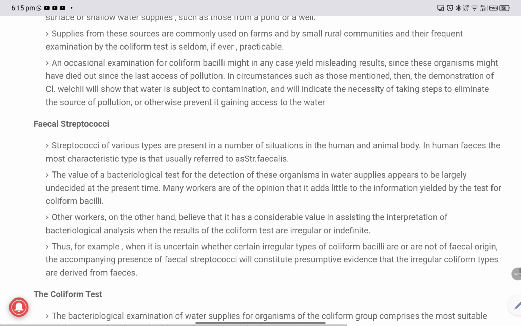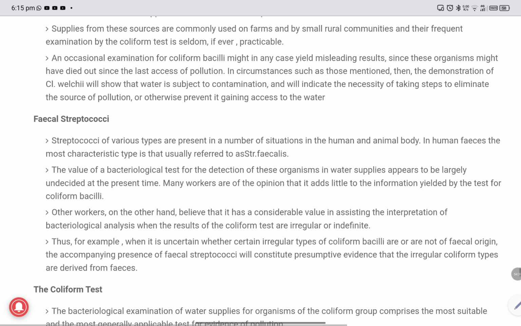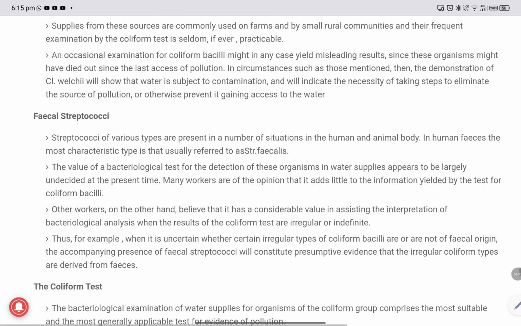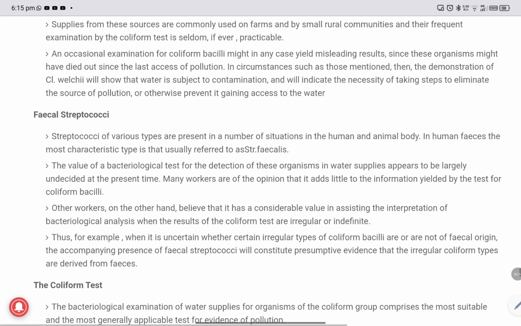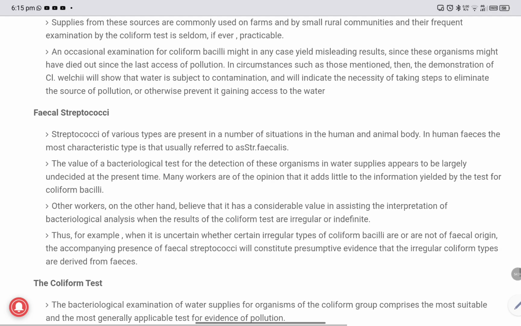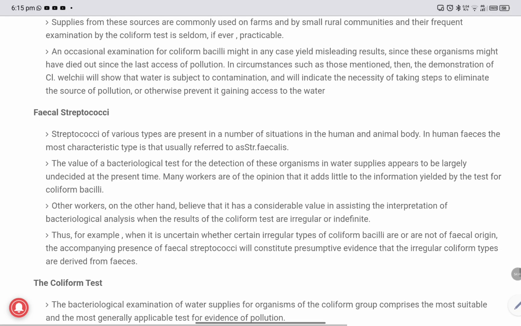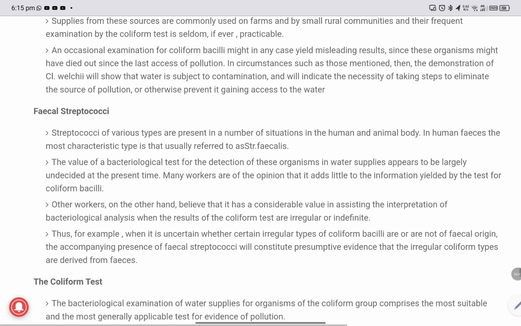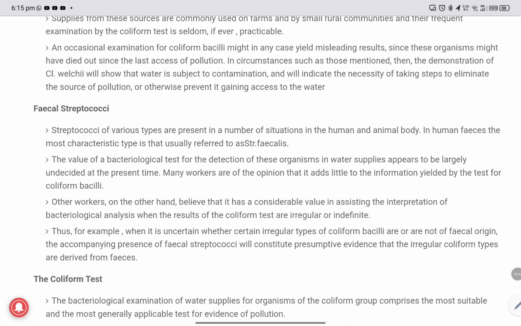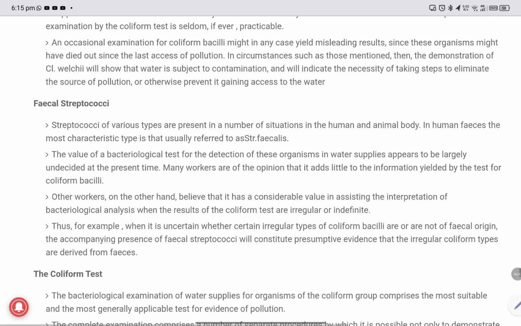In circumstances such as those mentioned, then, the demonstration of Clostridium welchii will show that water is subject to contamination and will indicate the necessity of taking steps to eliminate the source of pollution or otherwise prevent it gaining access to the water.